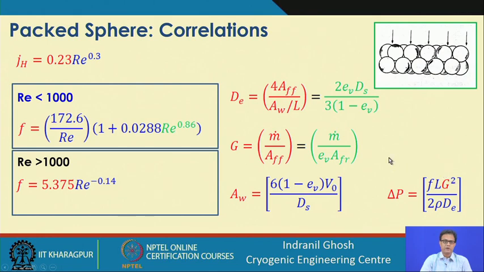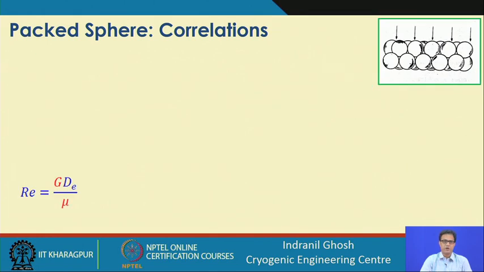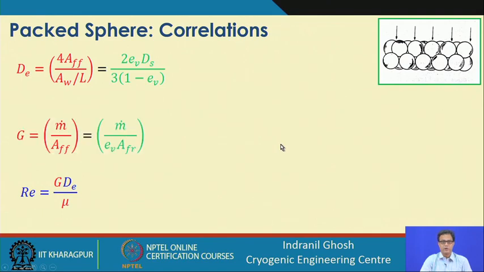For this problem, we have the Re value, the dE or equivalent diameter, and G the mass velocity. We would like to calculate first the dE, the equivalent diameter. The parameters are known: Ev is known, ds is known.